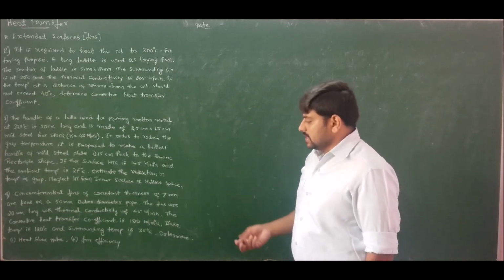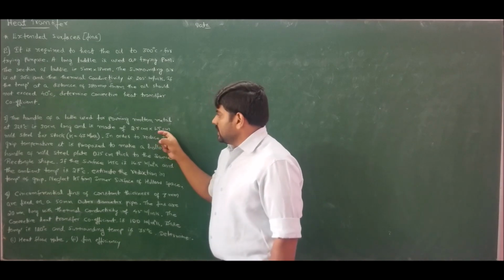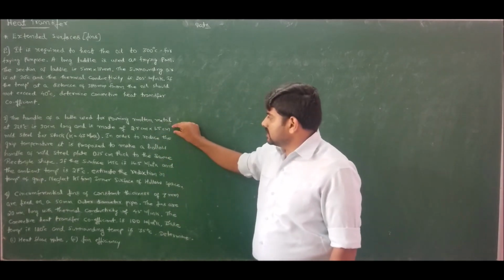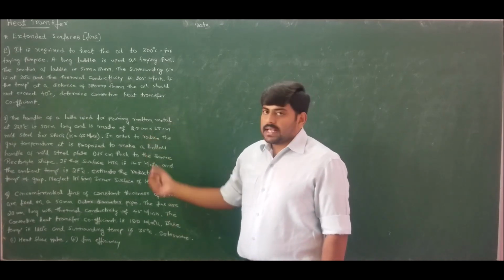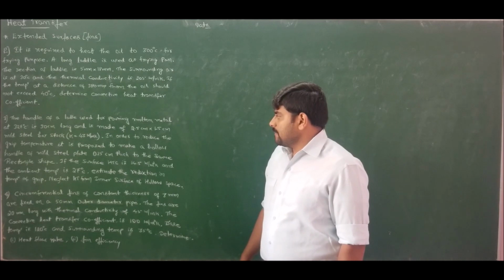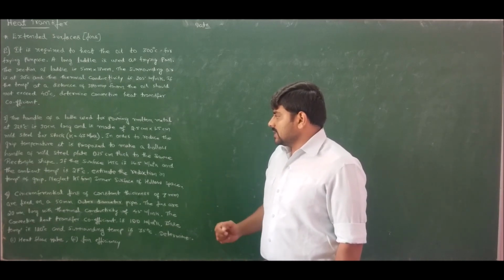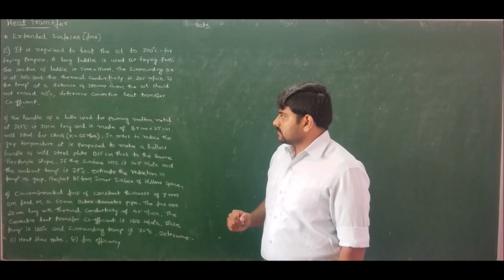In order to reduce the grip temperature, we want to make this with a thickness of 0.15 cm, keeping the width the same, that is 2.5 cm. Ambient air temperature and heat transfer coefficient are also specified, and he is asking what is the reduction in temperature at the grip.